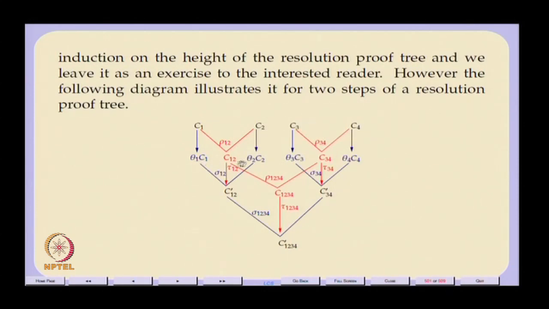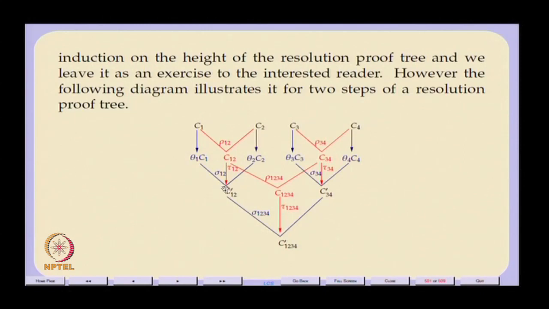Let theta 1, theta 2, theta 3, theta 4 be ground instances of all these clauses. Then there exists some resolvent sigma 1 2 between C1 and C2, there exists another resolvent sigma 3 4 between these two, that will give you C prime 1 2 and C prime 3 4, and there exists a sigma 1 2 3 4 which gives you, let us say, this C prime 1 2 3 4, which let us say is the empty clause.